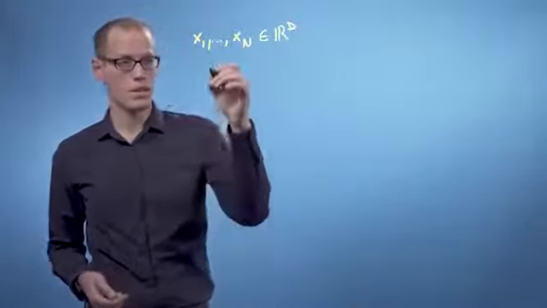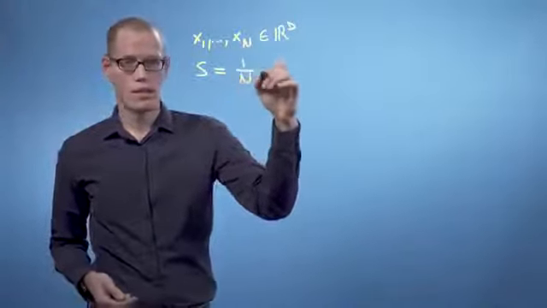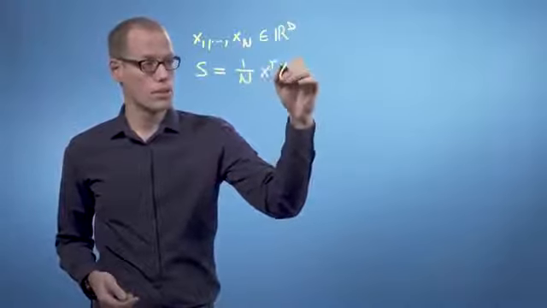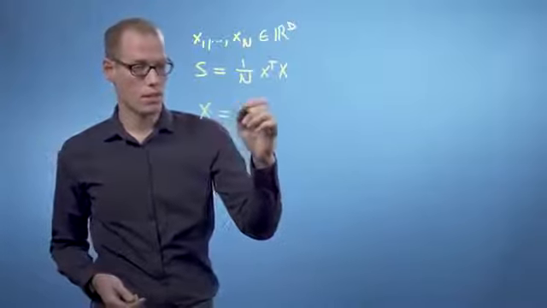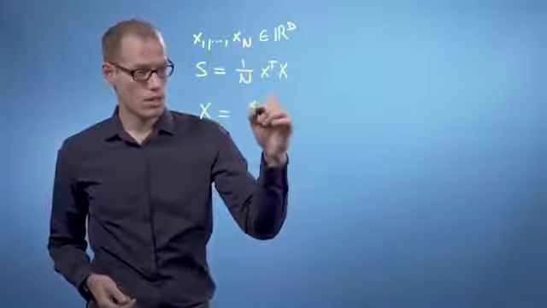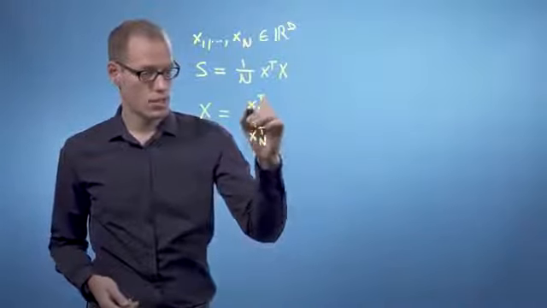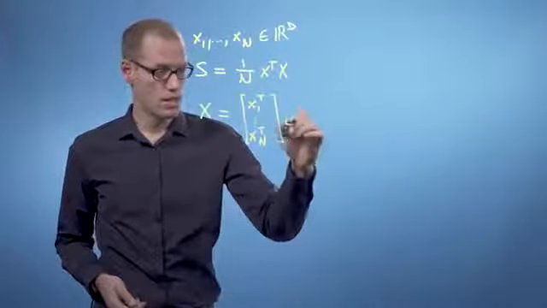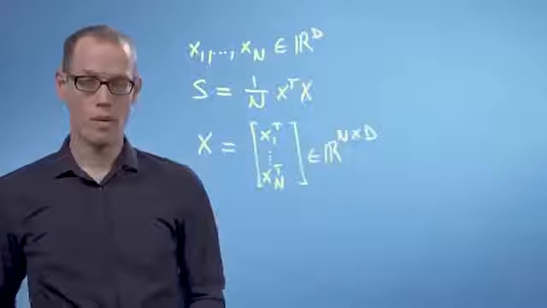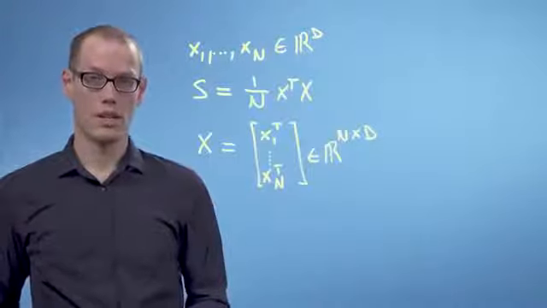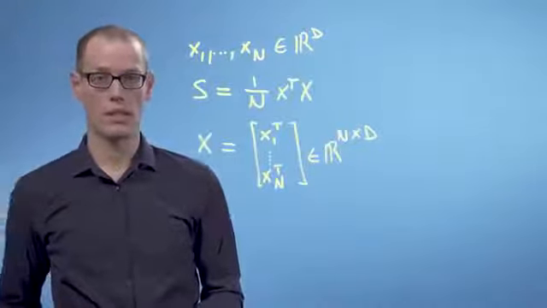Then the data covariance matrix is given as S equals 1 over n times X transpose times X, where we define X to be the matrix that consists of x1 transpose up to xn transpose, and that is an n by d matrix. We now assume that n is significantly smaller than d. That means the number of data points is significantly smaller than the dimensionality of the data.